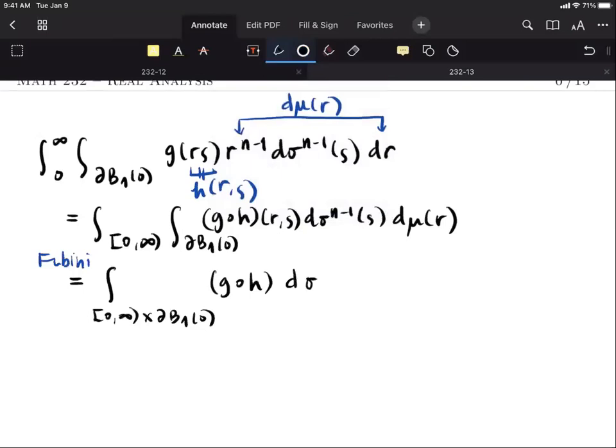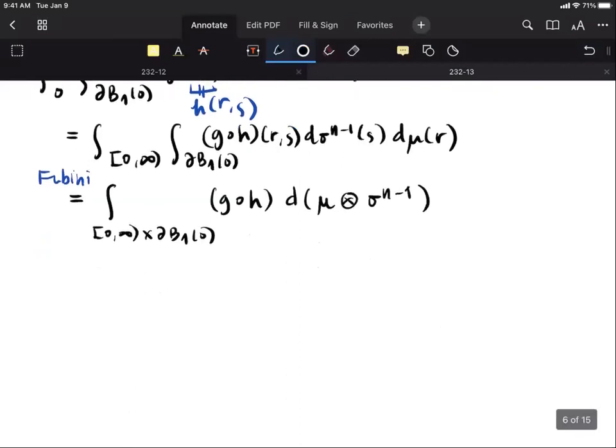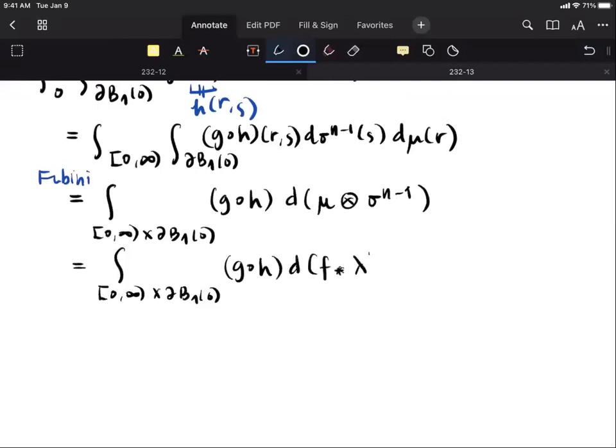But the important part here is that we have the following product measure. According to our claim, this product measure is the same as this image measure.